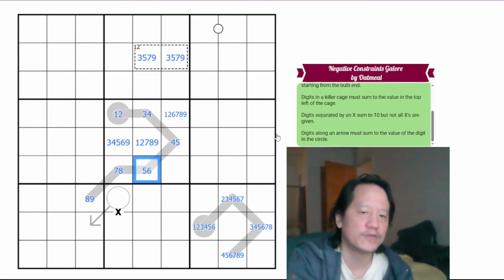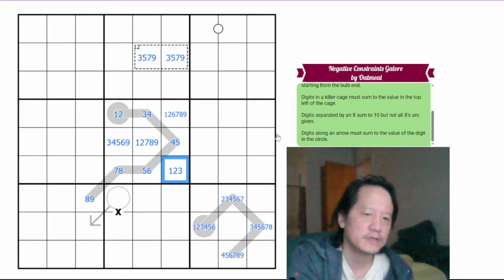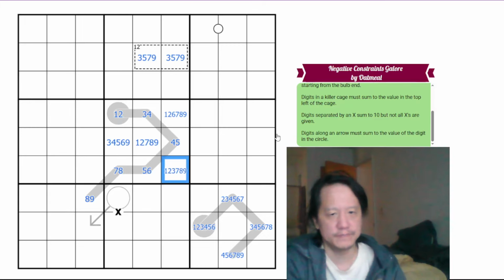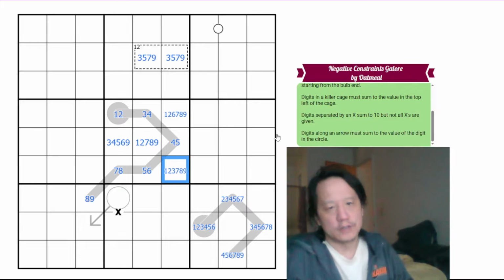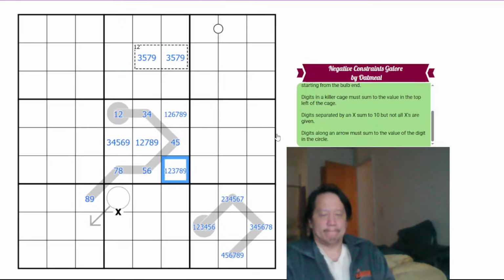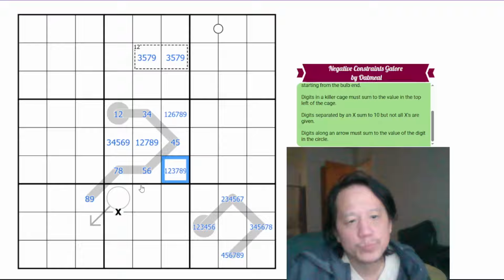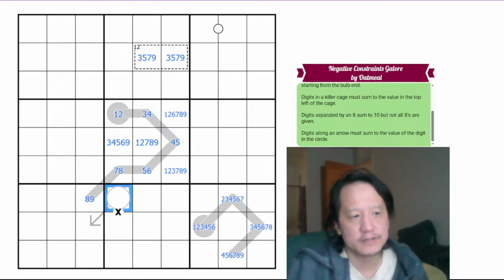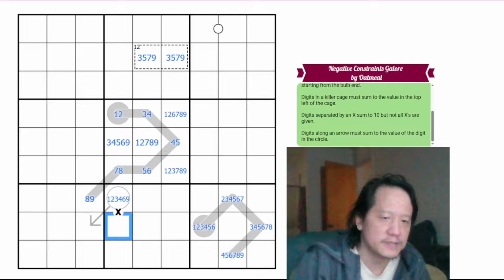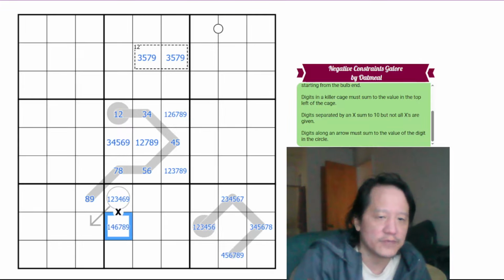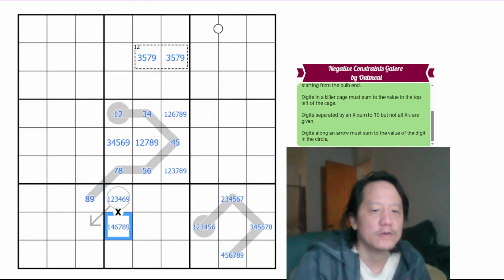This digit can't be 4, 5, or 6, so it's 1, 2, 3, 7, 8, 9. Interesting. This digit cannot be 7 or 8. So it could be 1 through 4, 6, 9, which adds up to 1, 4, 6, 7, 8, 9. So this is 1, 2, 3, 4, 6, and 9.